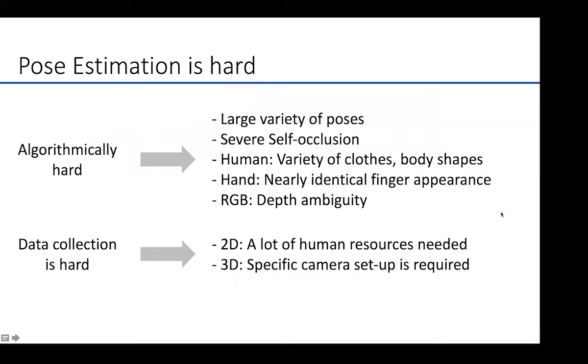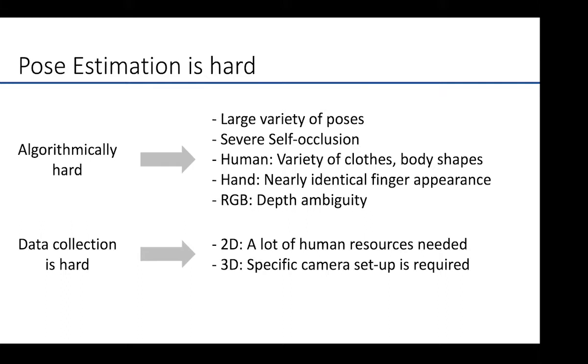So the pose estimation task is very complicated, for two reasons. First of all, you need to think about an algorithmically complicated model. The model should be able to understand pose, but there is a large variety of poses.